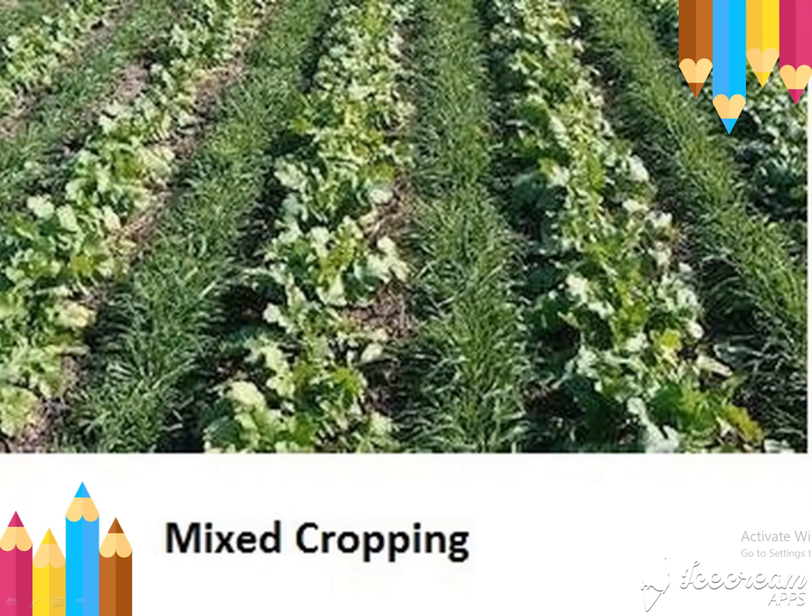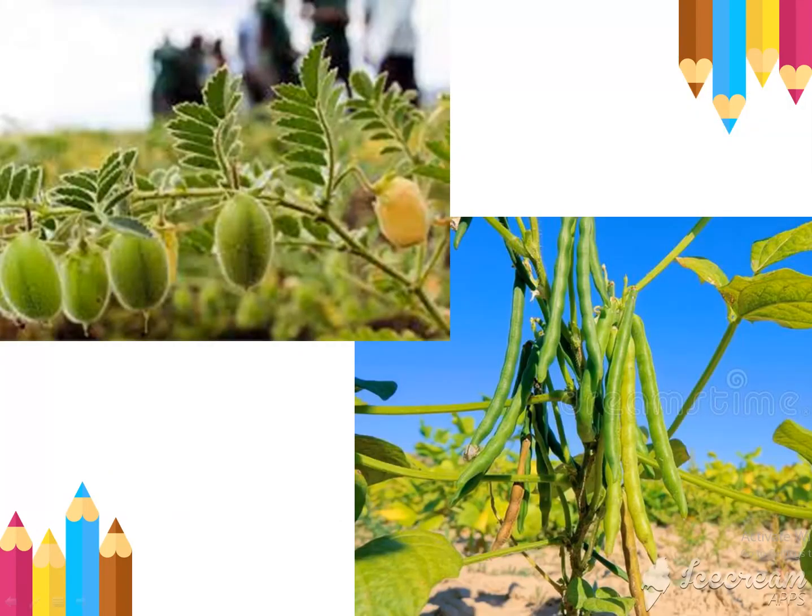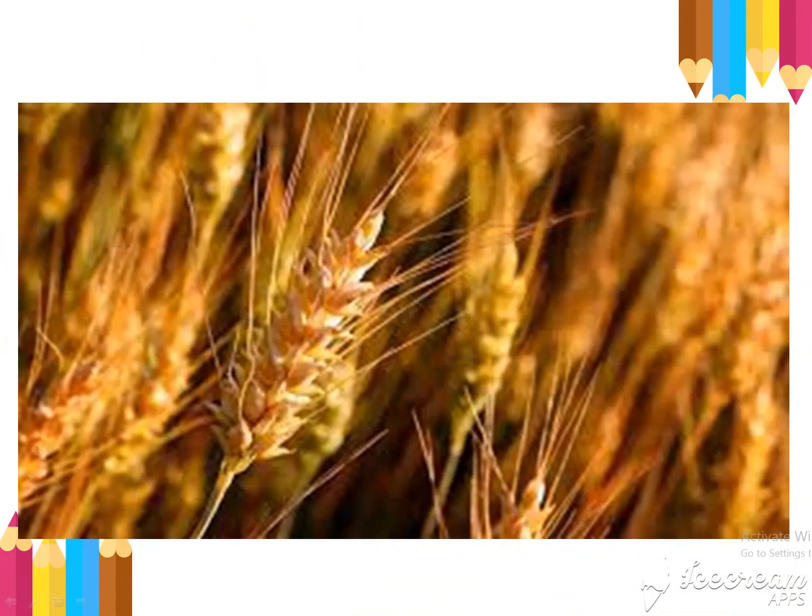So what will happen here? For example, the leguminous plants are the plants which have seeds in a long pod. The pea plants, beans, all these are the leguminous plants. When these leguminous plants are grown with the other crops such as wheat, what will happen?